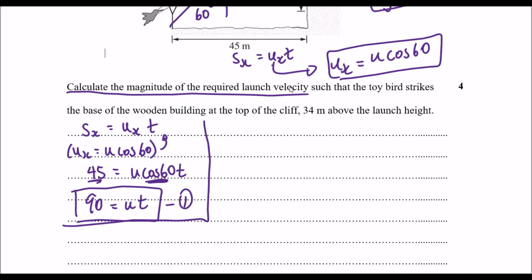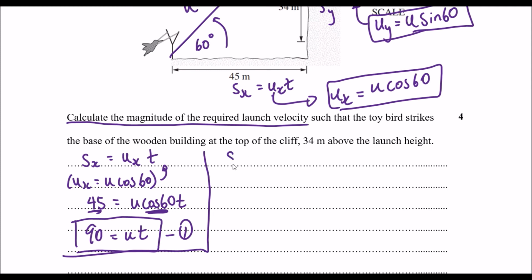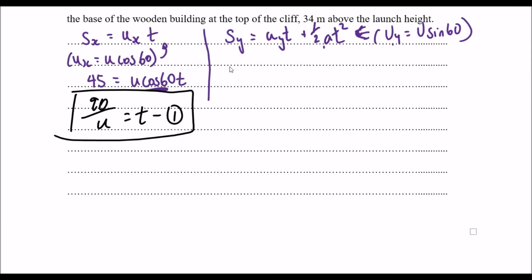And then I'm going to use our formula here. So we know Sy equals Uyt plus half at squared. We're going to substitute the following formula into this one here. Okay, now we can do our substitution in this question here.